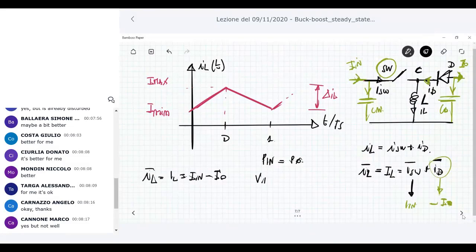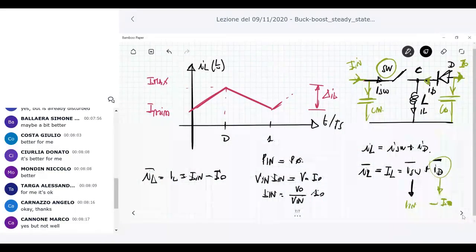So V in multiplied by I in is equal to V naught multiplied by I naught. From this expression, we can derive that I in, the input current, is V naught over V in multiplied by I naught. V naught over V in is the conversion ratio, so it is M CCM times I naught.